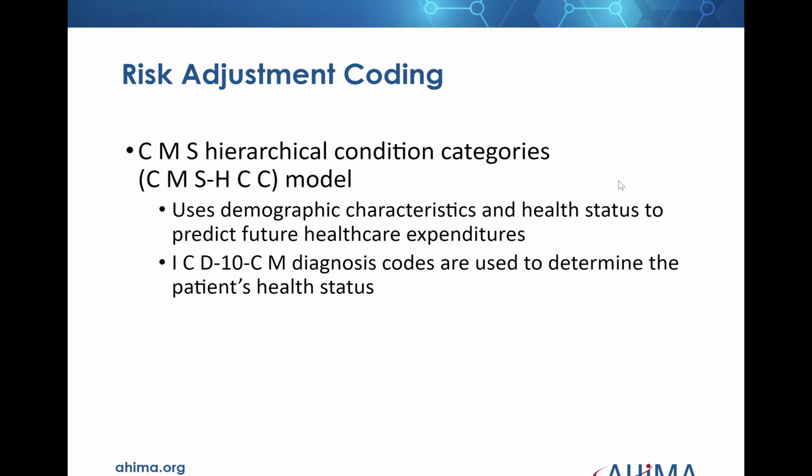And now we get into risk-adjusted coding, which is the CMS hierarchical condition categories, or HCCs. And basically, if you could visualize it this way, let's say your typical Medicare patient has a risk-adjusted score.